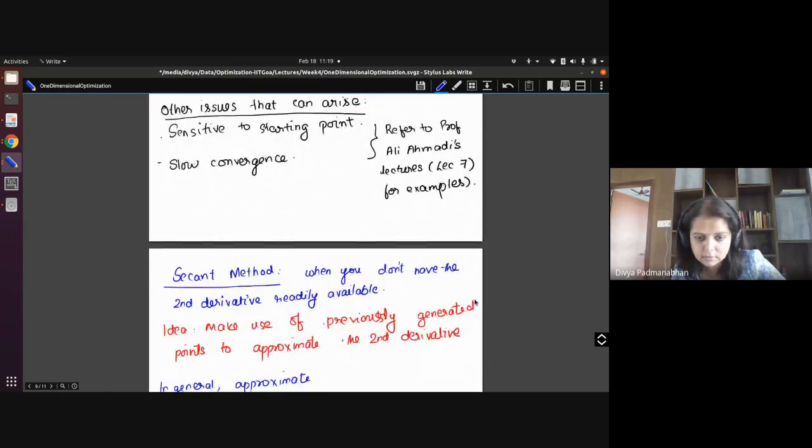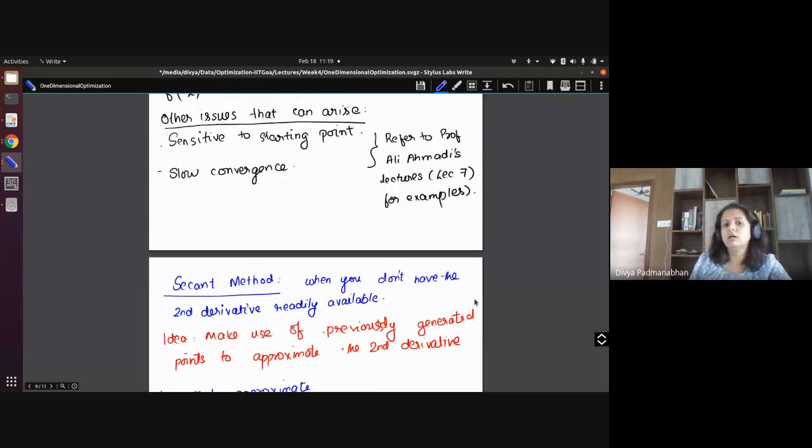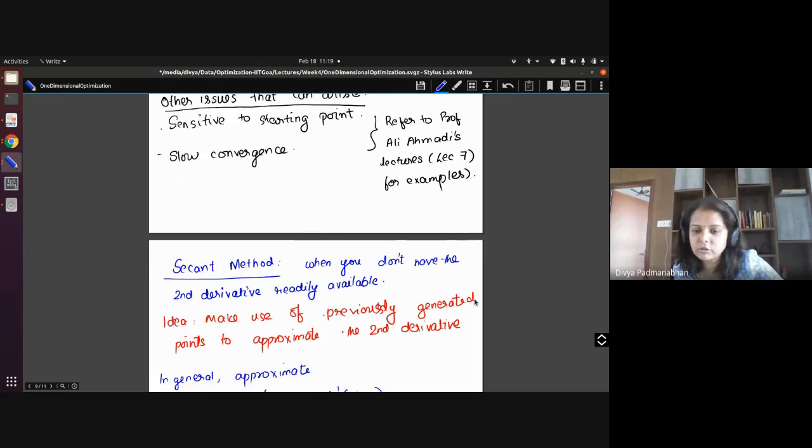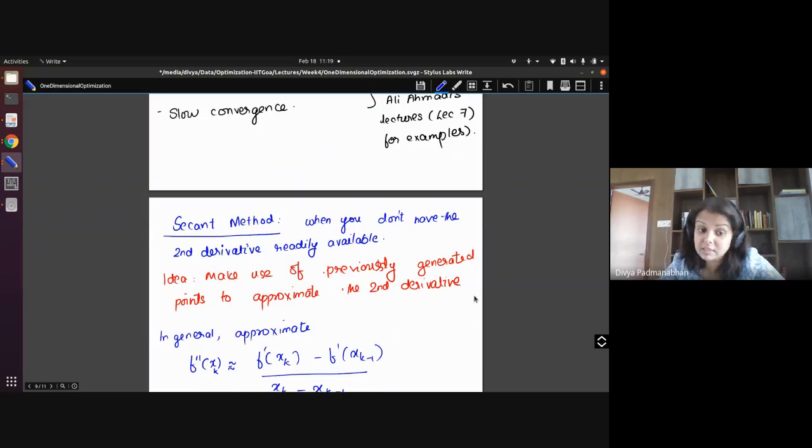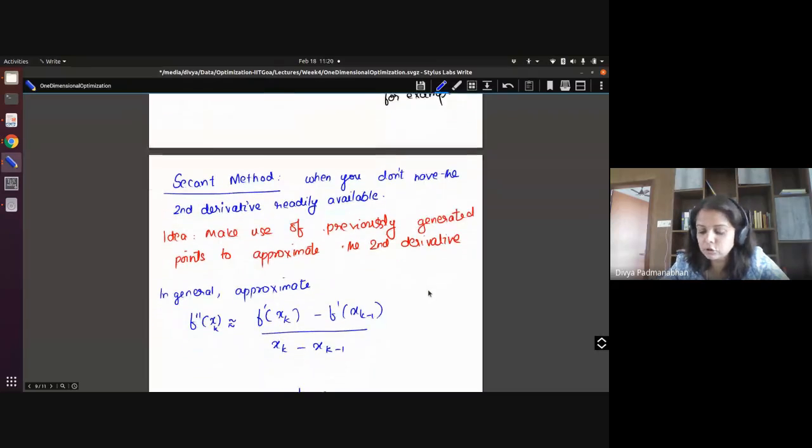This was also used to find the roots of an equation, but it was adapted to the context of optimization. In Newton's method you had to find the second derivative, but suppose you cannot compute it very easily, then you use an approximation.